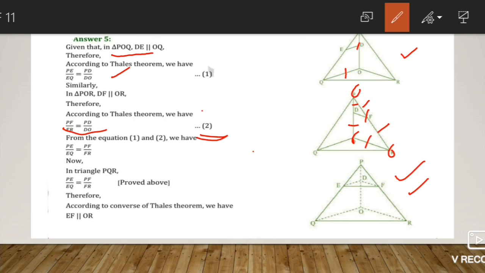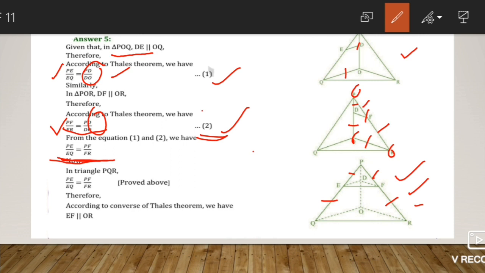Now if you look at equation number 1 and equation number 2, again the right hand side of both equations are equal. So you can say that PE by EQ is equals to PF by FR. Okay, so if you look at the third figure, from the ratio you can say that PE by EQ is equals to PF by FR.